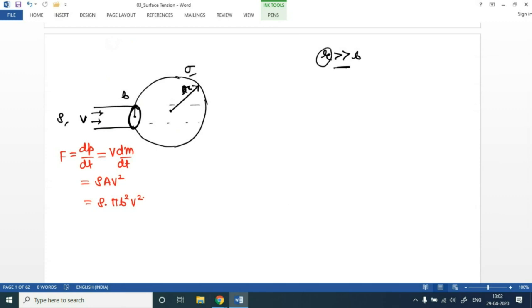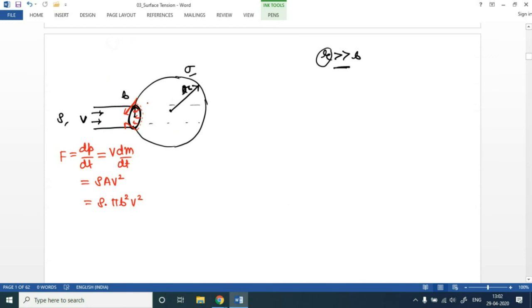Apart from that, on this bubble, considering a thin layer, there would be a surface tension force along the surface and perpendicular to this periphery, forming a conical shape. The radially outward or inward components of these forces will cancel each other, and the axial components will add up.